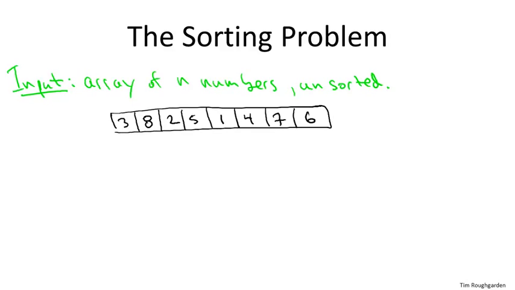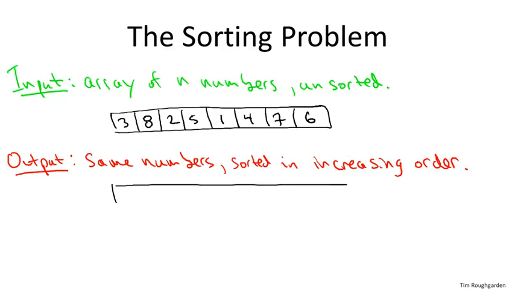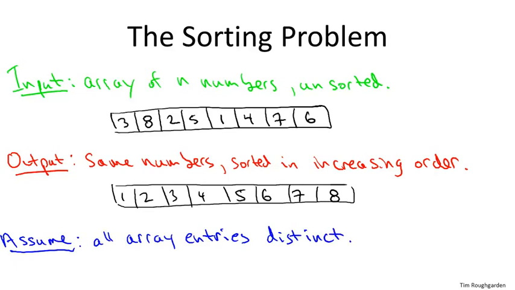We just have to output a version of these same numbers, but in increasing order. Like when we discussed merge sort, I'm going to make a simplifying assumption just to keep the lectures as simple as possible. Namely, I'm going to assume the input array has no duplicates. That is, all of the entries are distinct. And like with merge sort, I encourage you to think about how you would alter the implementation of quicksort so that it deals correctly with ties, with duplicate entries.